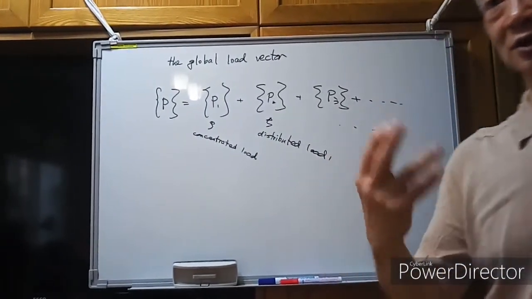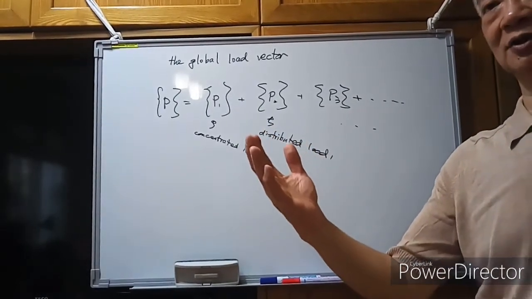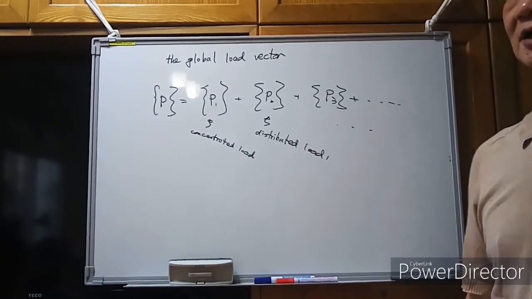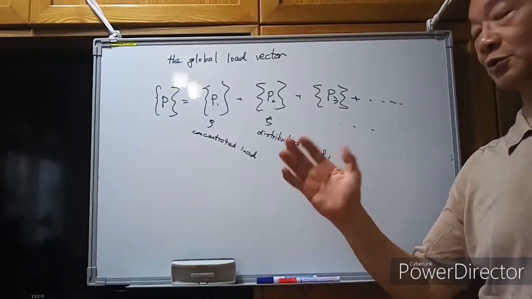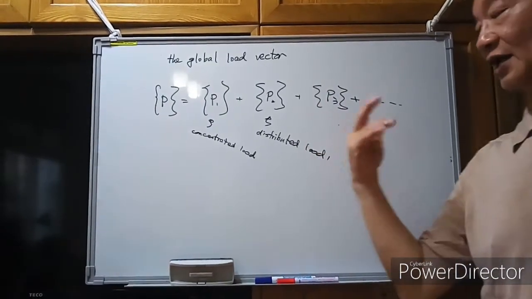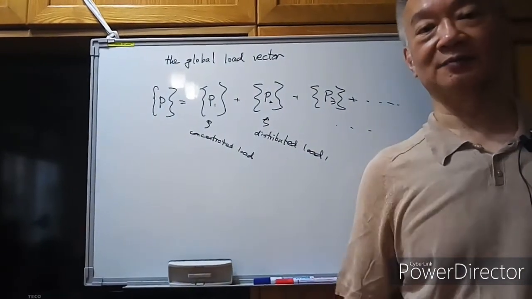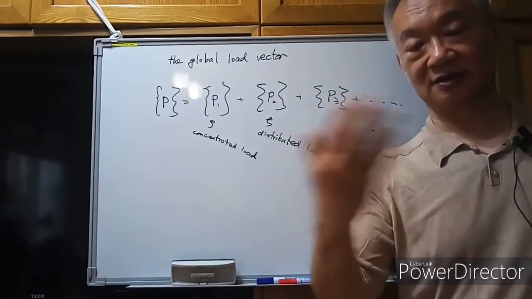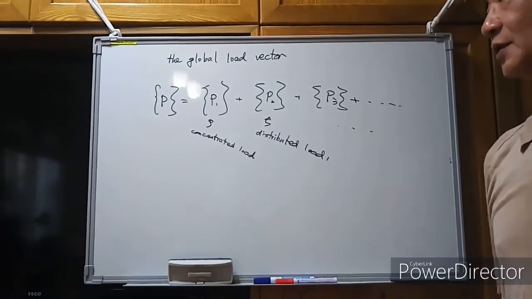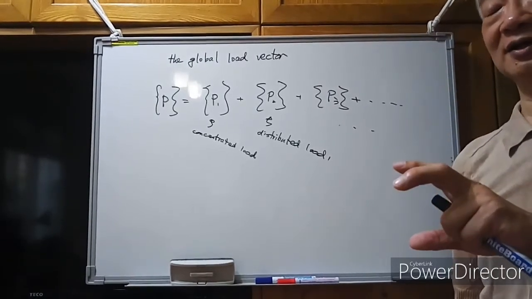The distributed load could be distributed over the boundary line of the elements, or the distributed load which is applied inside an element. Also, we have the distributed load over the entire element, which is related to the area of the element. Also, the area could be part of an element.